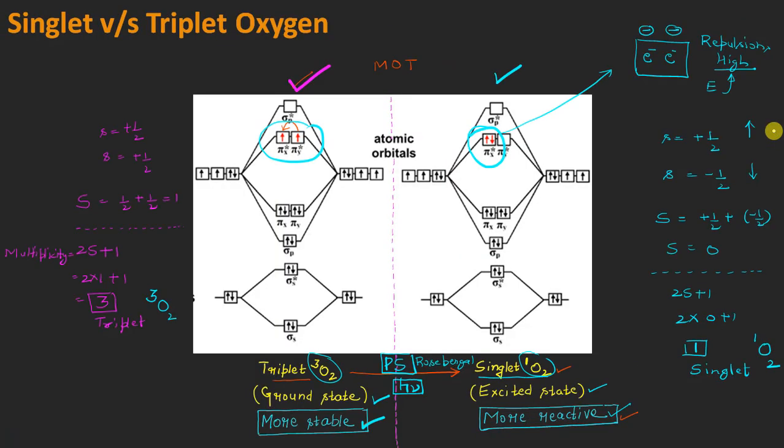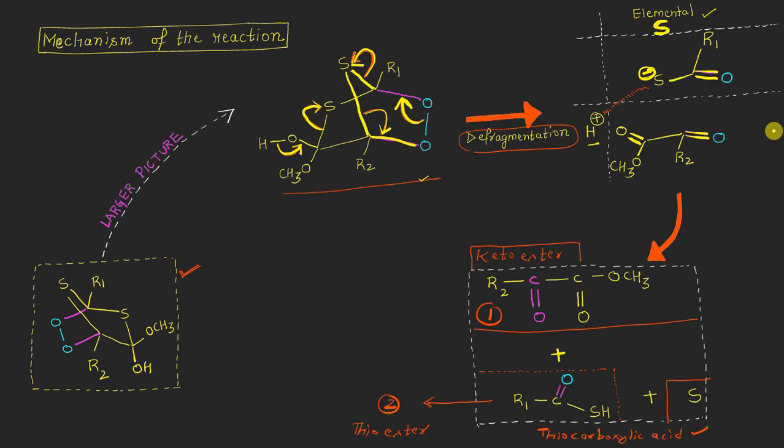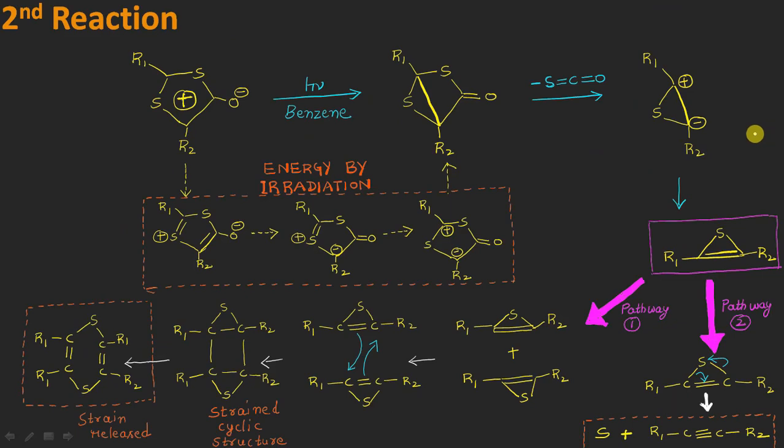And now let us see what is there in the second photochemical reaction of this mesoionic molecule. Right on your screen, you can see the second photochemical reaction of the 1,3-dithiolium, because it contains two sulfur atoms in the main ring, and on 4 we have a single bond oxygen negative, so better to call it a 4-olate, right?